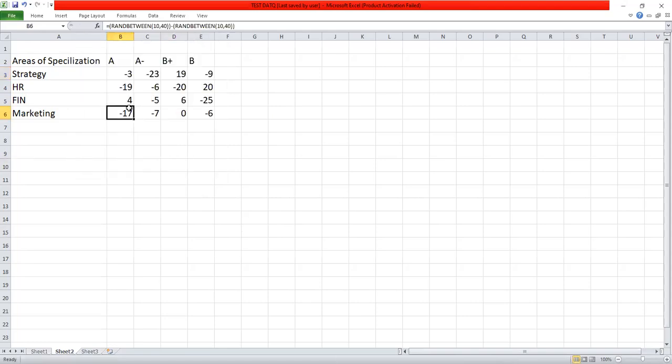Sorry, I'm getting negatives here. Where is the negative coming from? Because I put a negative somewhere in the formula. There is a problem with the formula. Probably I don't know what I did.